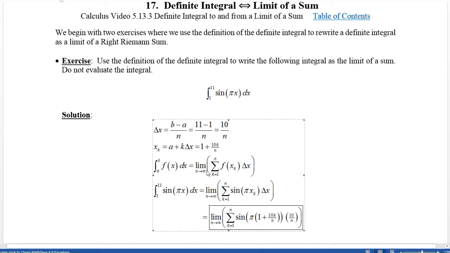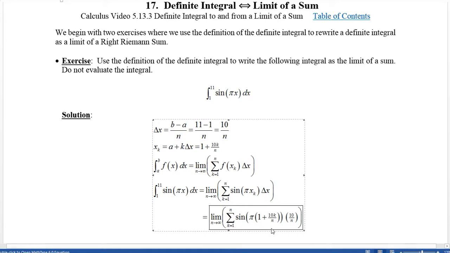X sub k is 1 plus 10k over n, so I can replace the x sub k by, in parentheses, 1 plus 10k over n. And I can replace the delta x by 10 over n. And so this sum is what's meant by this definite integral. By definition, this definite integral means this limit of this sum. It's just another way of writing this expression here.